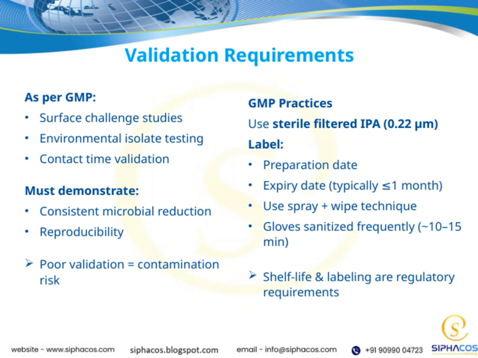When applying the alcohol, we use a spray and wipe technique, which helps evenly distribute the disinfectant and remove contaminants efficiently. Gloves are a critical part of this process, and they should be sanitized frequently, roughly every 10 to 15 minutes, to prevent cross-contamination. Now, it's worth emphasizing that shelf life and proper labeling are not just good practice, but are actually regulatory requirements.